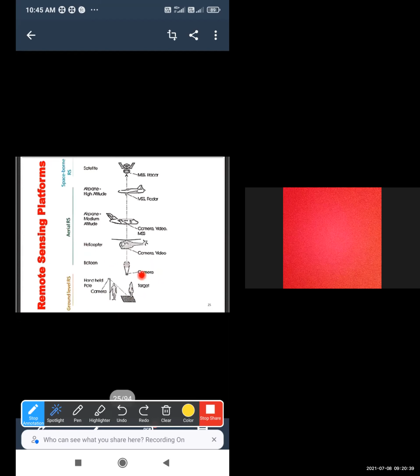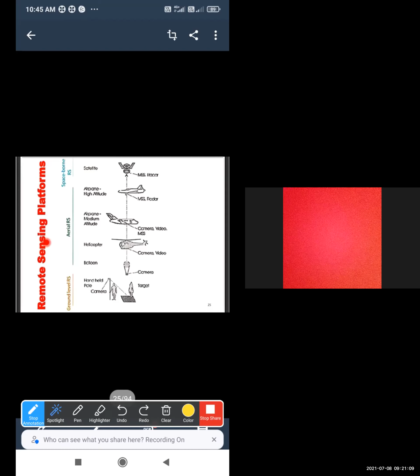So the camera is fixed either on the base of a balloon, or on the base of an aeroplane or helicopter. So in aerial remote sensing, the platform is placed in two ways, either at low altitude or high altitude.